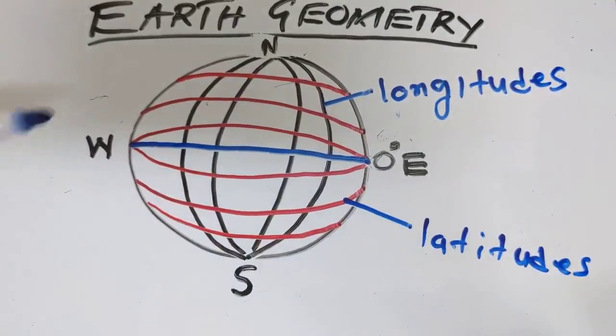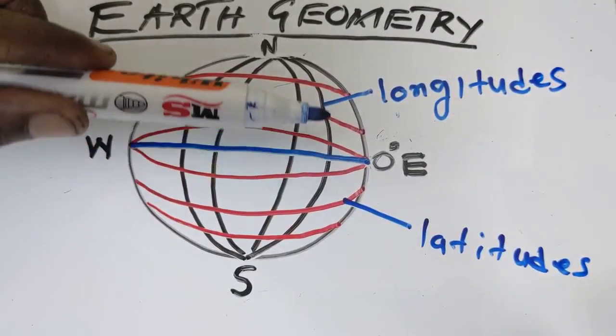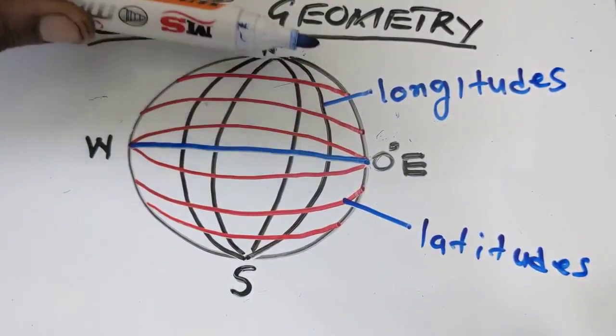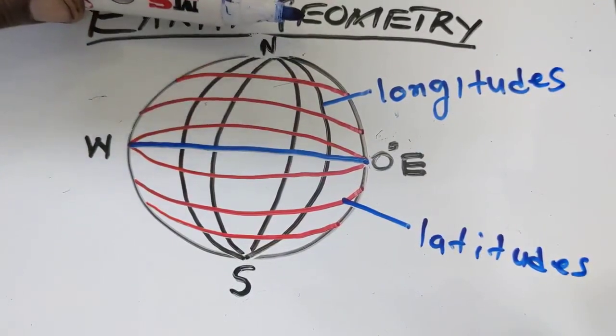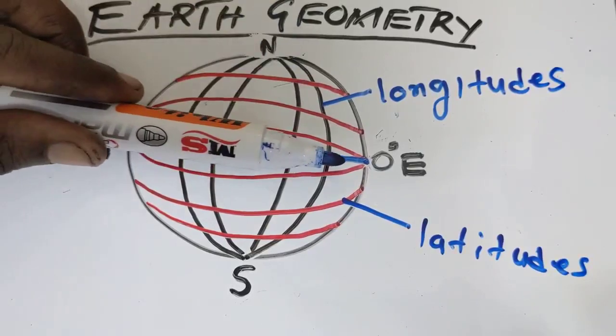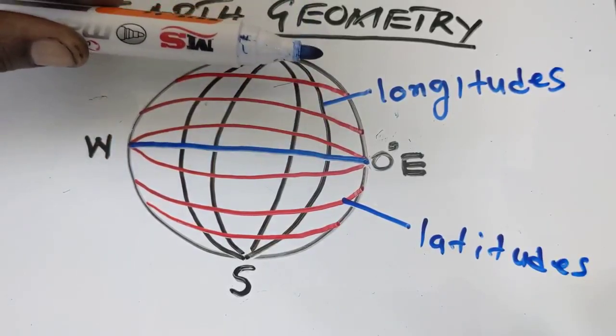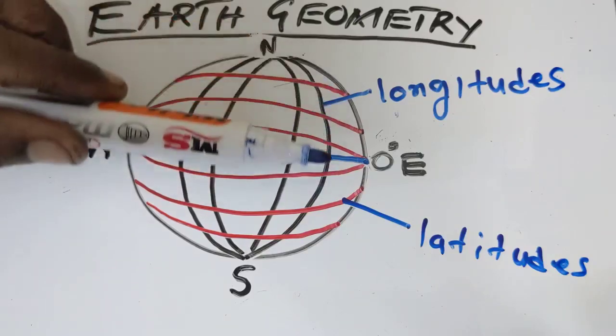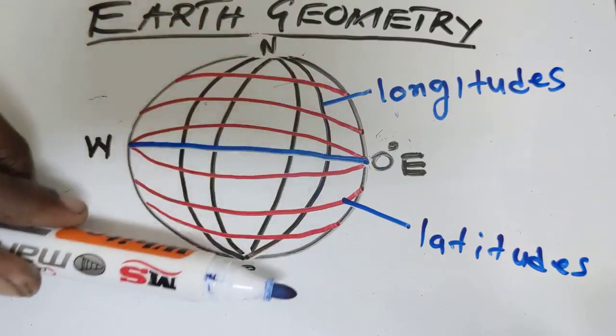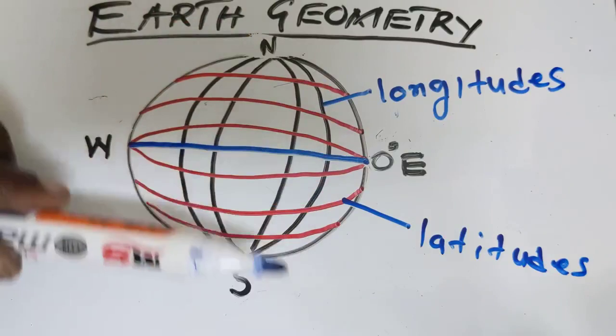Starting from here, going up, this whole part is called the northern region. From here to this part, it is the south.